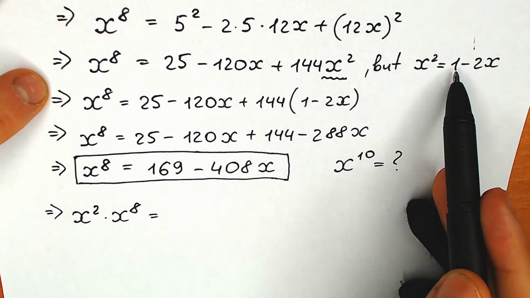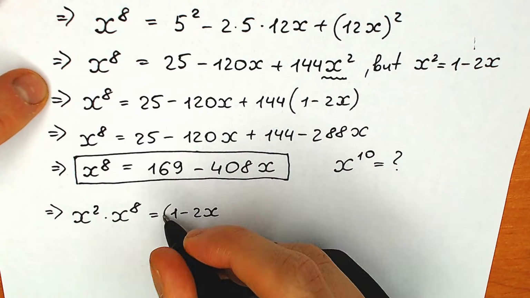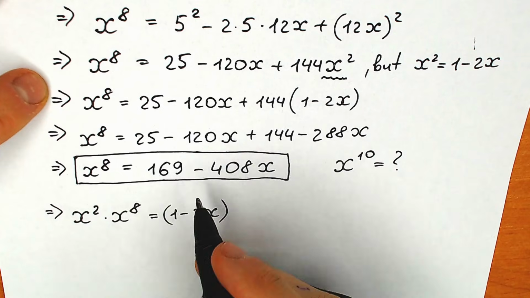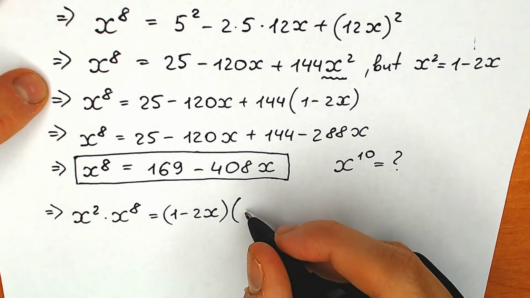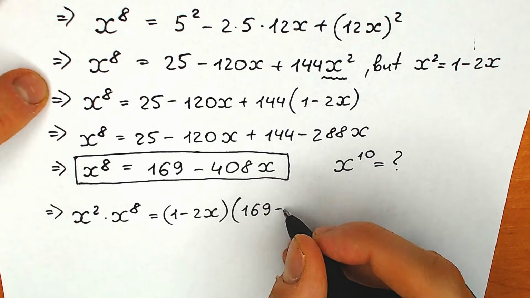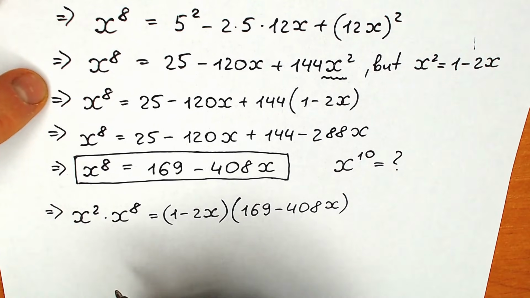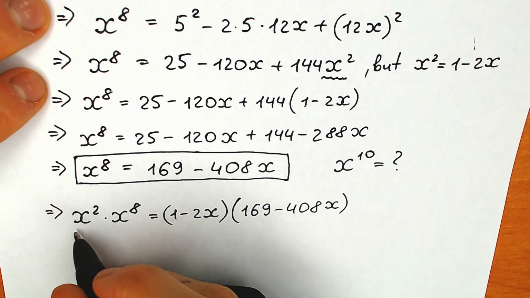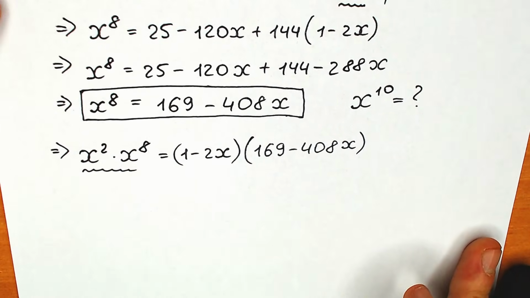So x squared equal to 1 minus 2x, and x to the power 8 equal to 169 minus 408x. And right now let's multiply it. Of course we multiply parenthesis by parenthesis, but on the left side we already have x to the power 10.